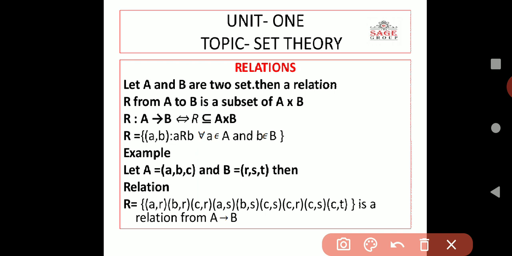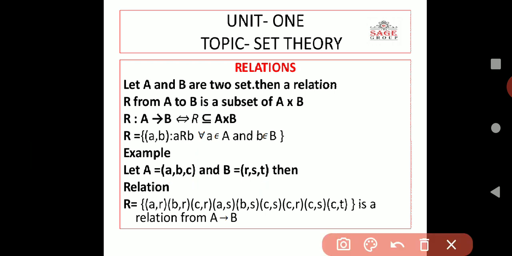So by the definition of relation, here the set is A and this is the set B, and we take the relation from the elements of A to the elements of set B.